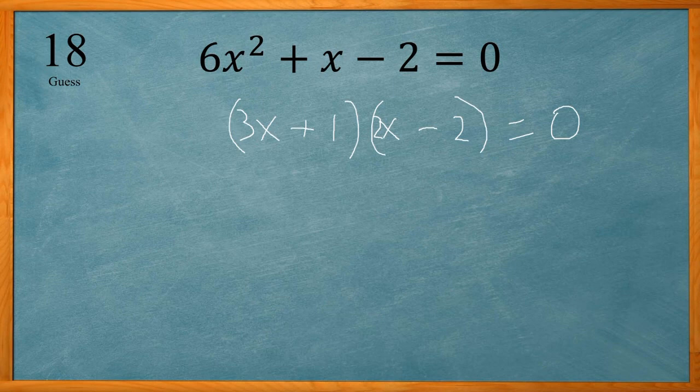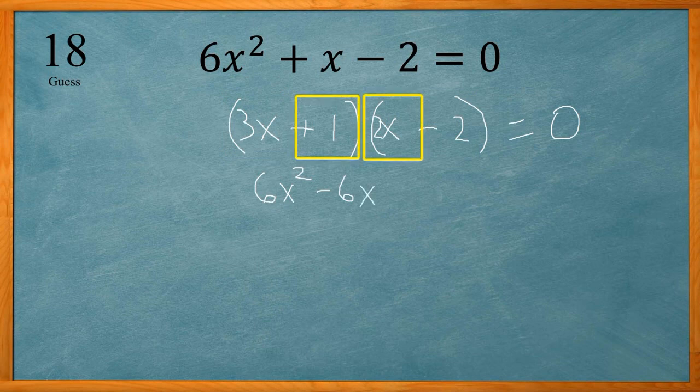Here I just guessed, so did it work out? If I multiply this out, it gives me 6x squared. 3x times -2 is -6x. 1 times 2x is +2x. And 1 times -2 is -2.